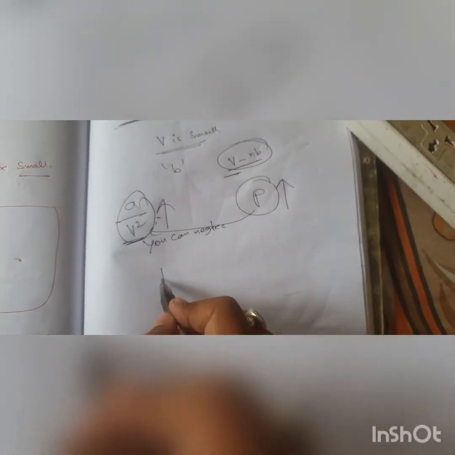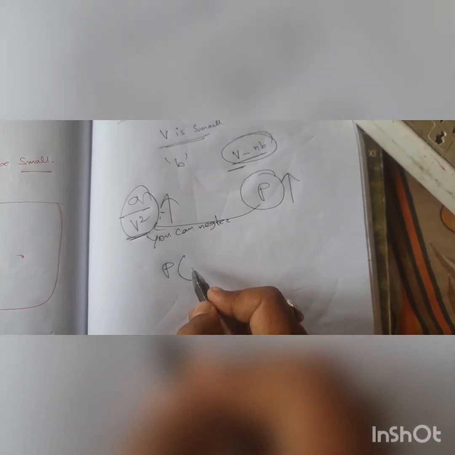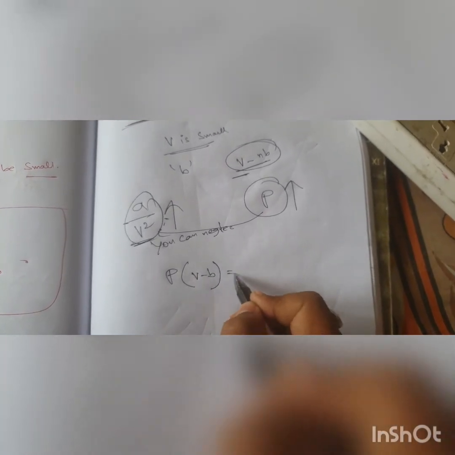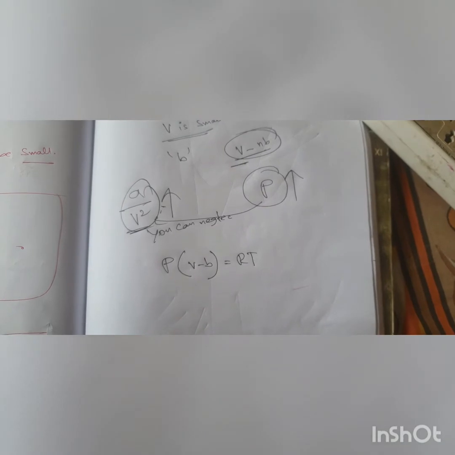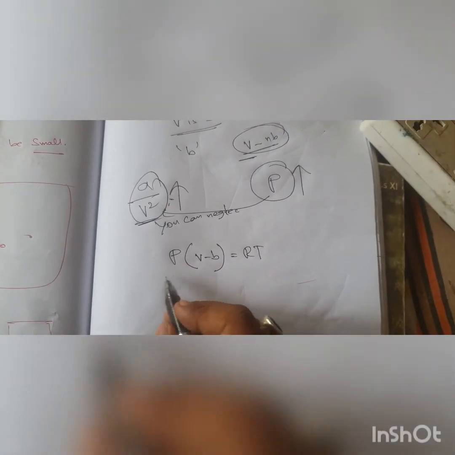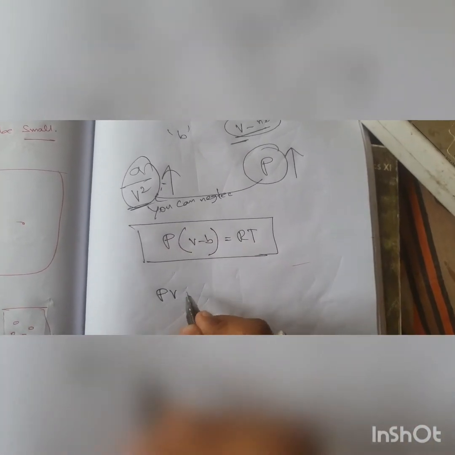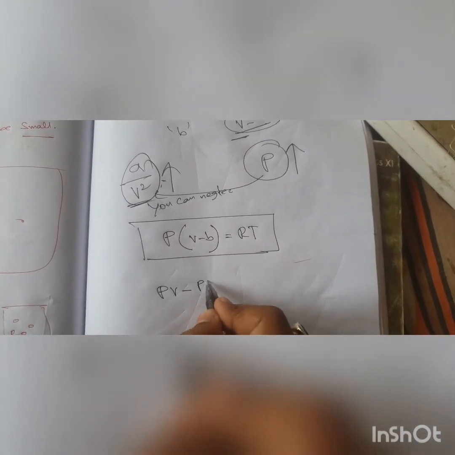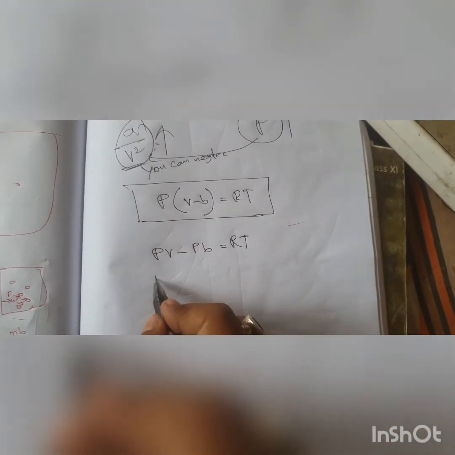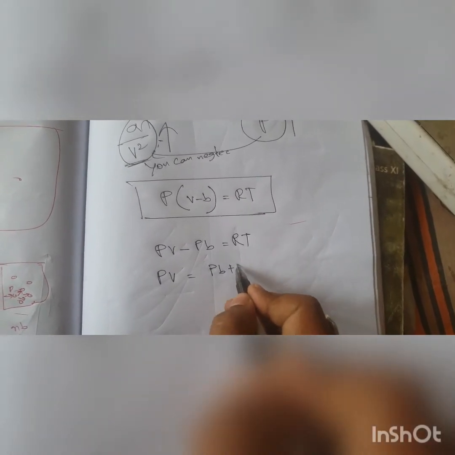So the equation now becomes P into (V minus B) is equal to RT. So PV minus PB is equal to RT. So you get PV is equal to PB plus RT.